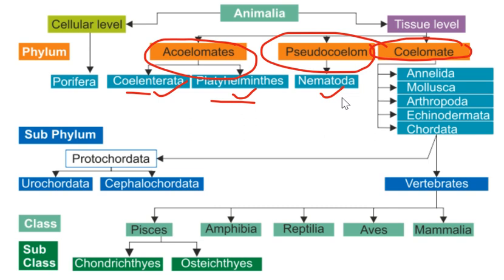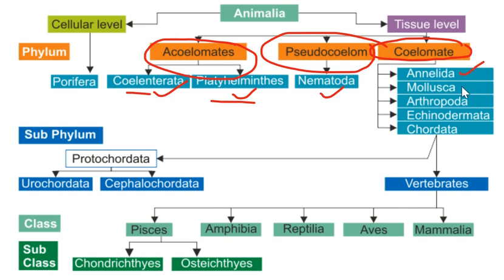They excrete through a special excretory organ called the nephridia. Examples: earthworm and leech, under this Annelida phylum.